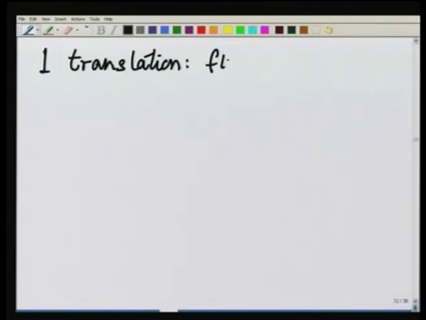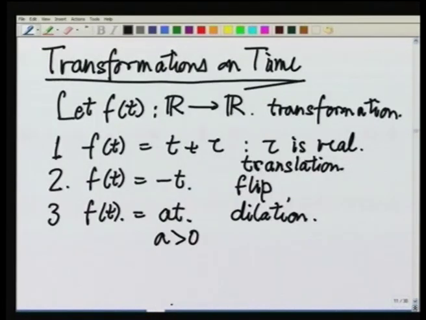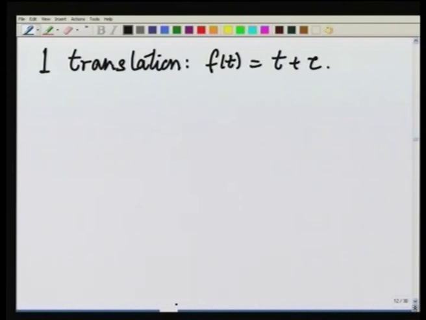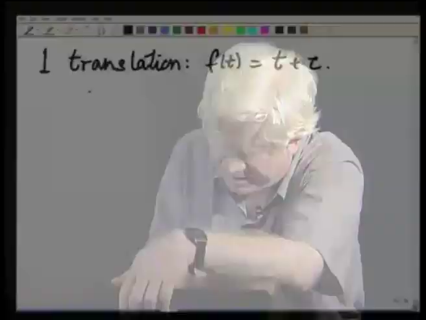Where f of t equals t plus tau. Now, what happens is this: suppose we have x of t given as follows.